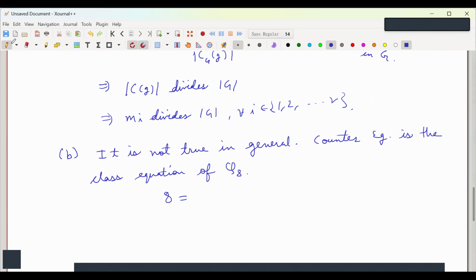Here there are two elements in the center, so we have 1 plus 1. And for I, J, and K, we have two elements in their conjugacy classes.